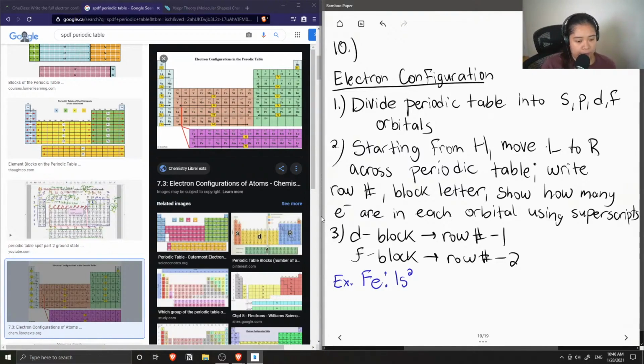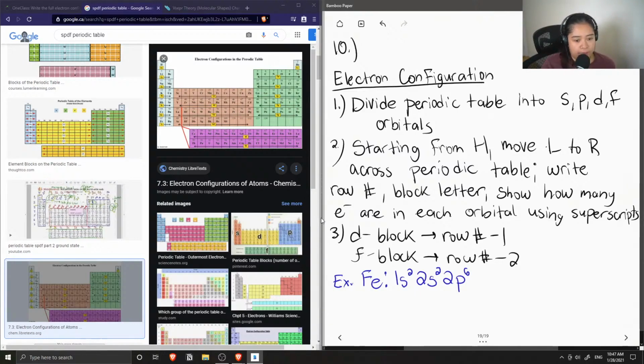But now we move on to the next row. So row number 2, the block letter is 2s, and then there are also 2 electrons in that orbital. Then moving over to the P block, we're still in row 2, and we write 2p, and a p orbital is able to have 6 electrons.